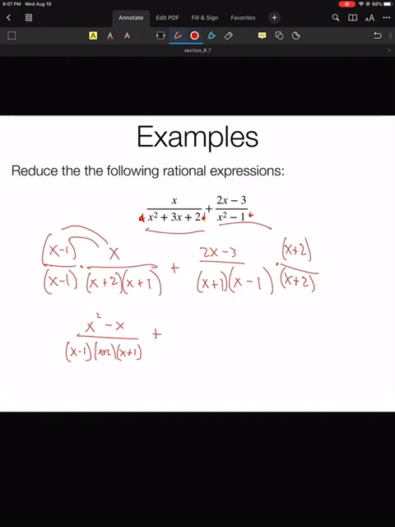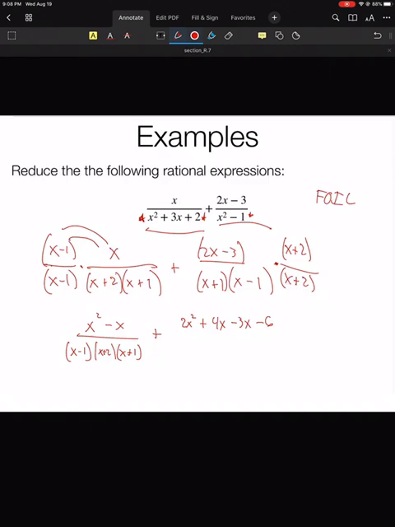And then on the right, I'm multiplying two things here, so I use FOIL. So I need to use FOIL, which is really just the distributive rule multiple times, to get 2x squared first, outer plus 4x, inner minus 3x, last minus 6.